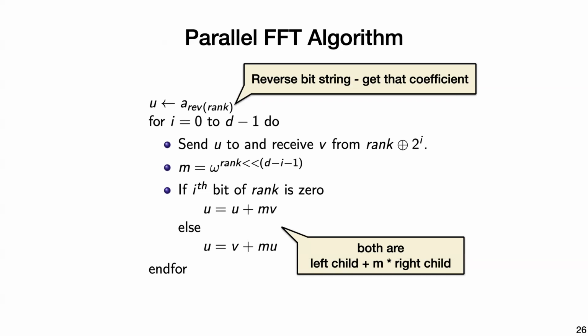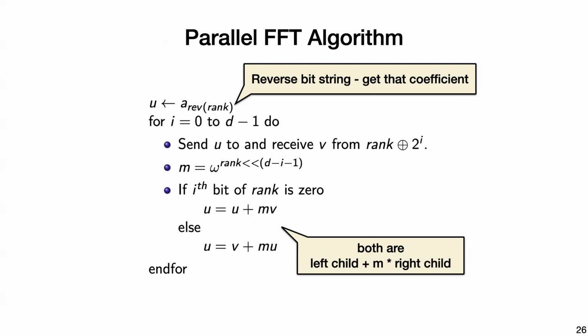So we reverse the bit string, and for I up to t minus 1, which is the number of bits in the string, the partner is rank XOR 2 to the I, so that's the partner in that round, and we are sending and receiving some stuff.